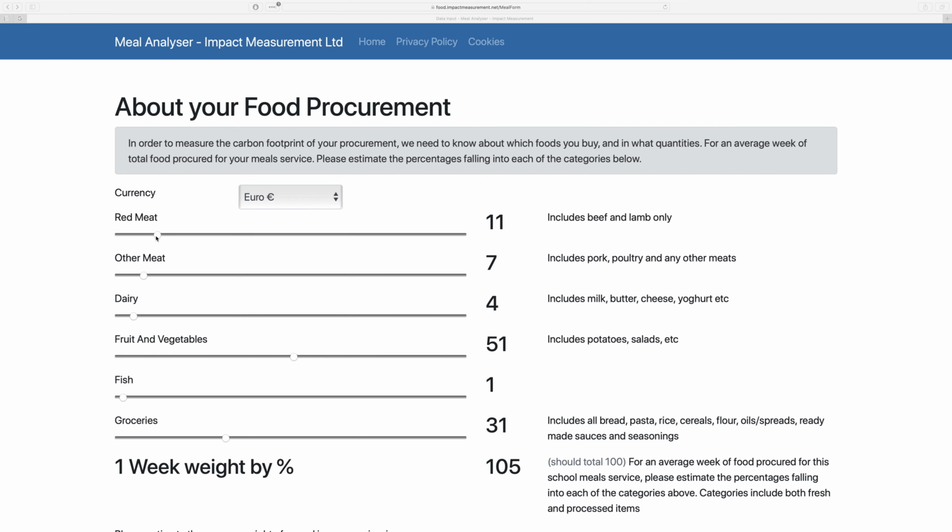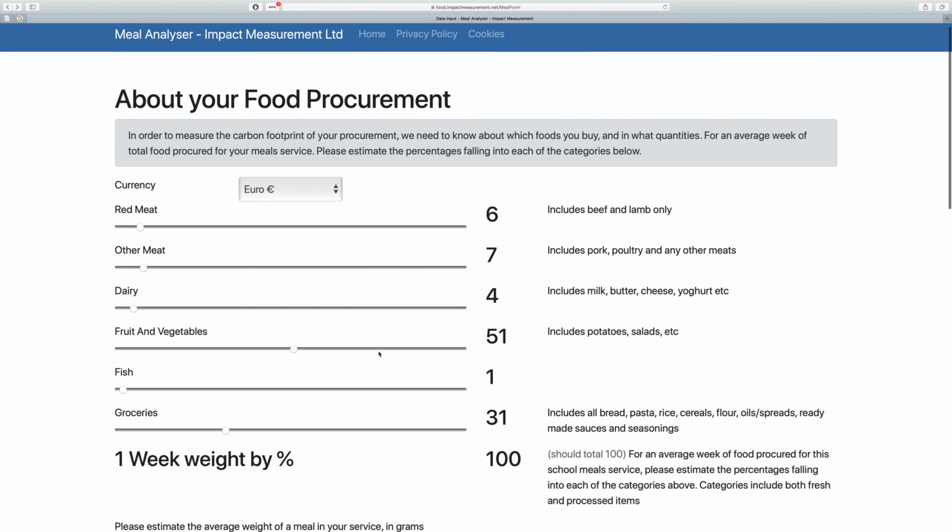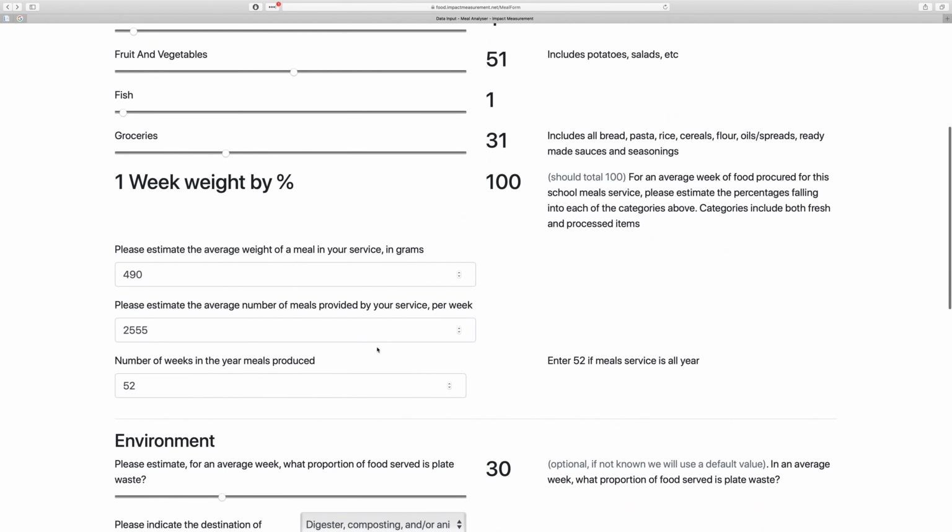So currently red meat is showing us 11%, and other meat at 7%, and so on down. But you can see the total at the bottom is showing 105%, and obviously we need to make that work to 100. So we can reduce the red meat by, say, to 6%, and now we have 100 at the bottom. So you can just play with these until you've got the results correct. And once you're happy with that, you can move on to the next stage.